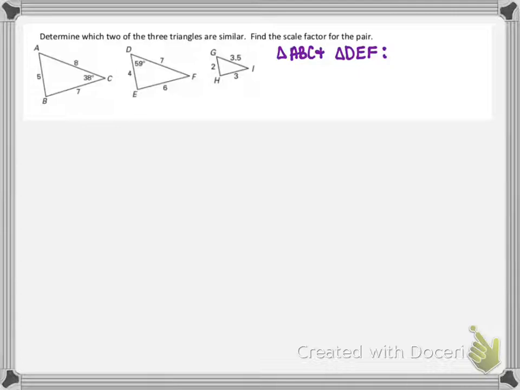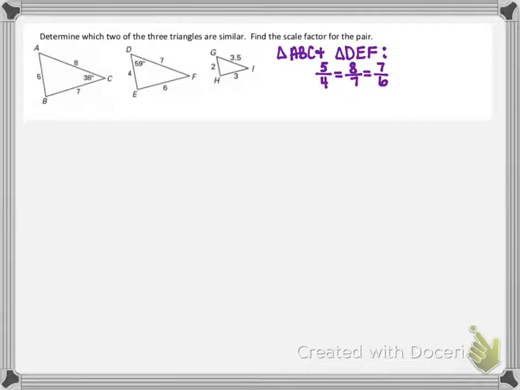So let's see, in ABC, AB is 5. That matches up with DE, and that's 4. BC is 8, and that matches up with DF, which is 7. And then AC is 7, which matches up with EF, which is 6.